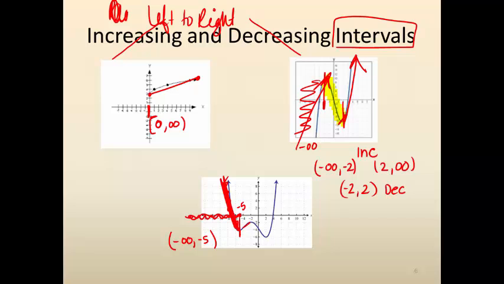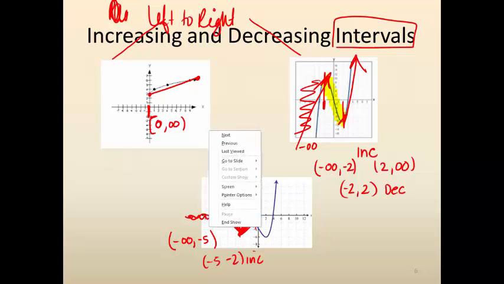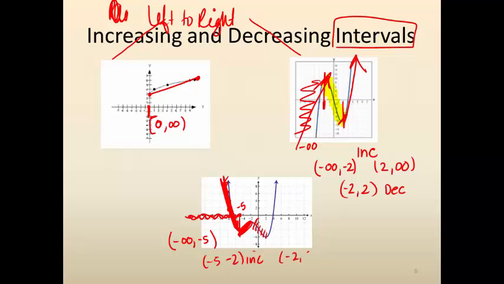Then it starts to increase in this little interval right here, which means from -5 to -2, I see an increase. Then I see it decreasing again. It decreases from -2 to +2, that's decreasing, and then it starts increasing all the way up to infinity. So from +2 to infinity, it is increasing.